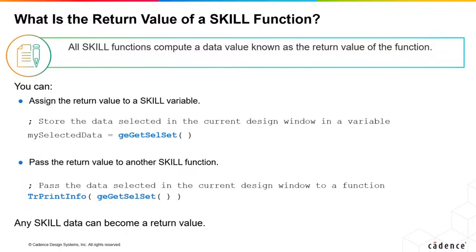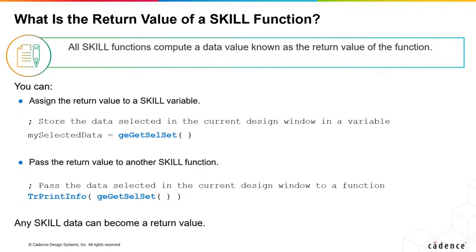Now in this case, trPrintInfo is a function we've created. It's not a built-in skill function. So we've created our own function to print out information about the data that was selected, so that in this way we have our own custom print utility to look at particular types of data.